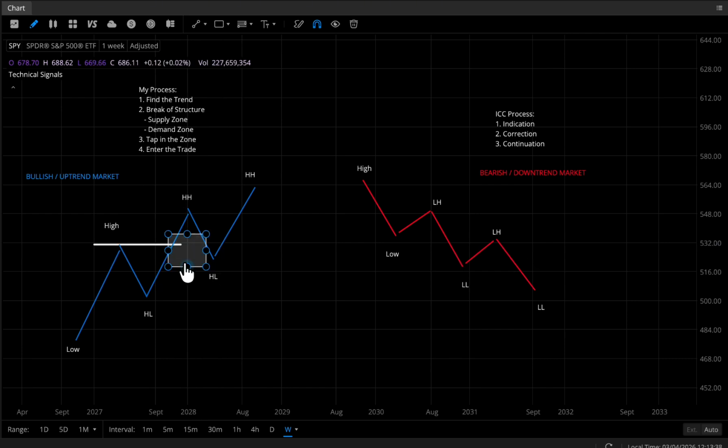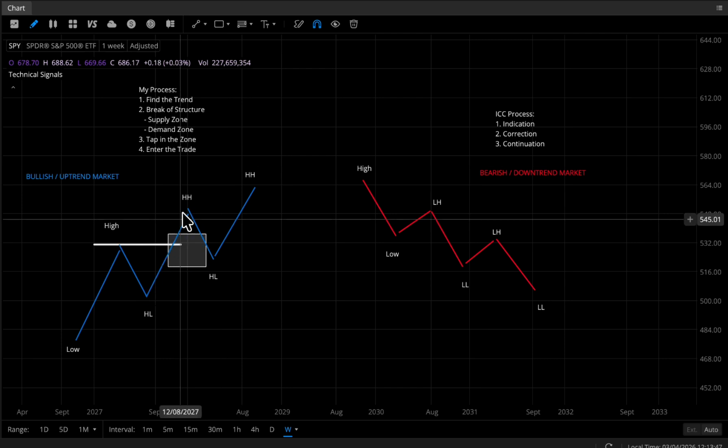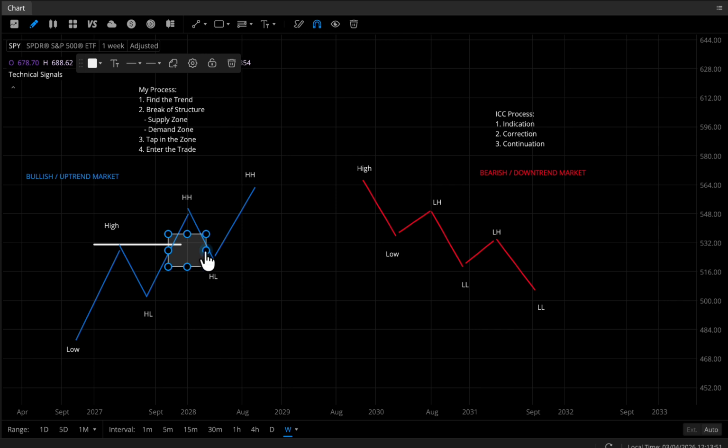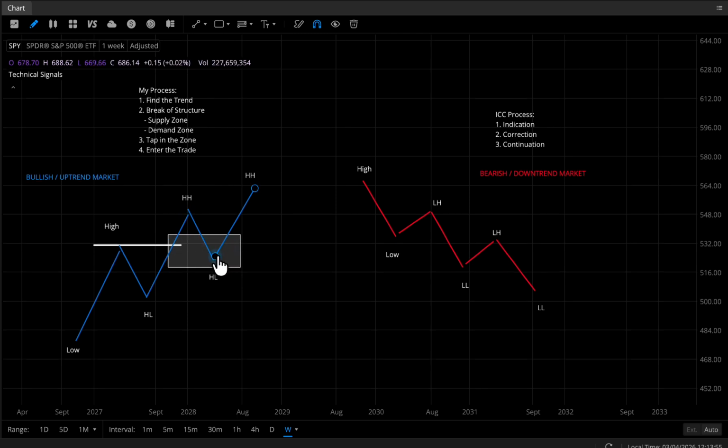So we need price to come back, tap the zone so we can get in this trade. So price broke structure, came back, it tapped the zone. Once it tapped the zone, we are now entering the trade for a move higher.